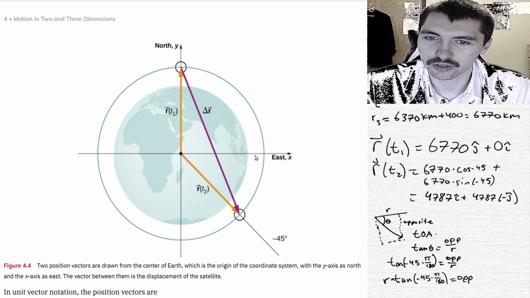So if you're going 0 in the x direction, you're going nowhere. So R1 is just going straight up 6770. So we want to know what this is. So we're getting 4787.